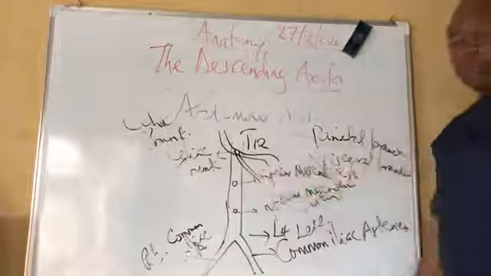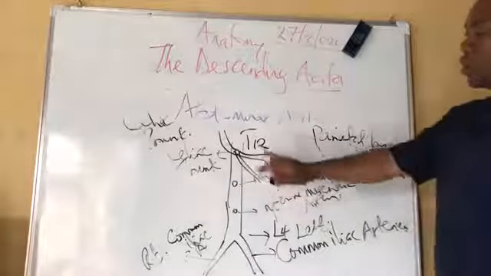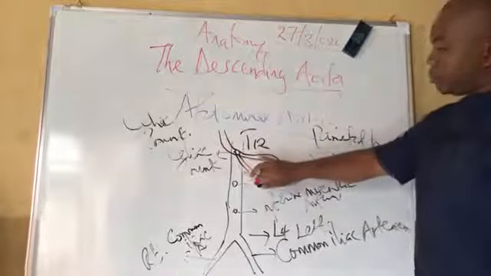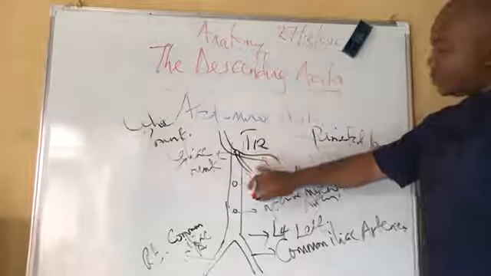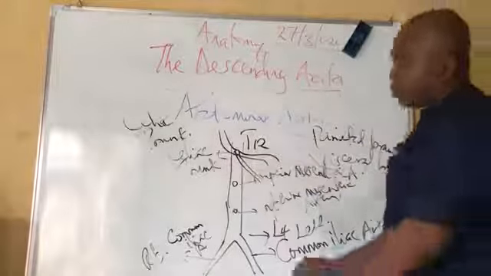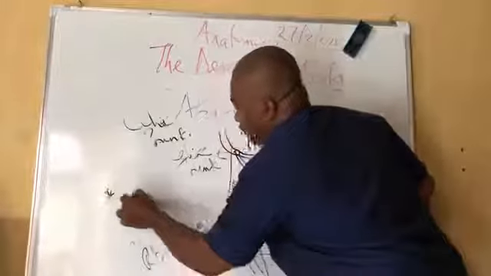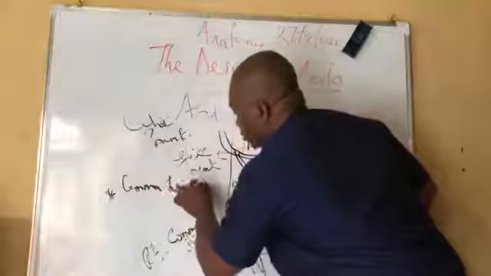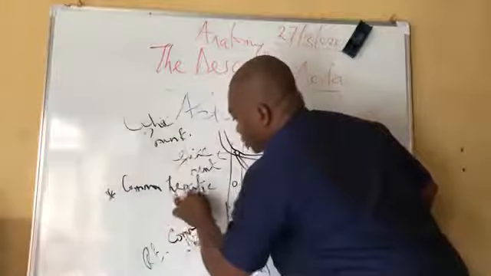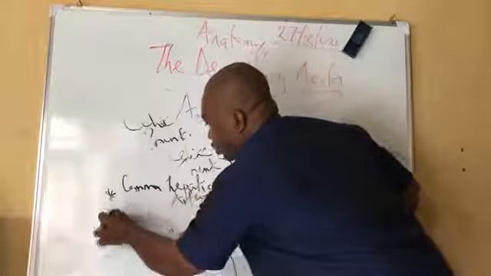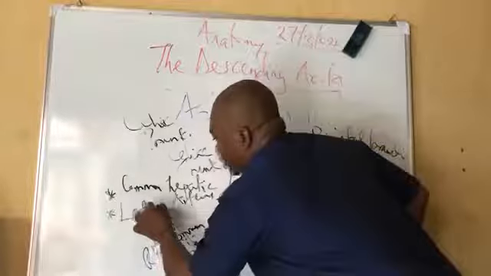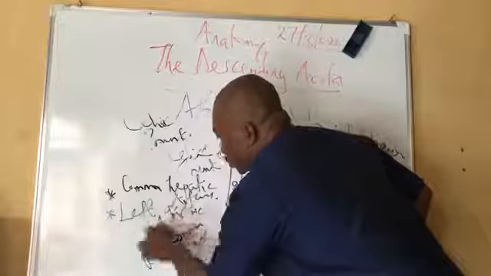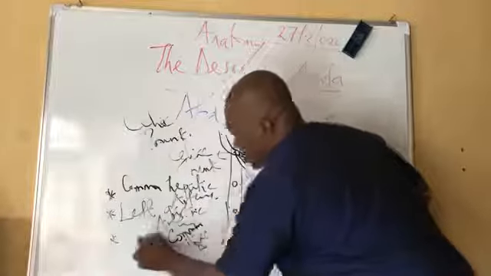So these are the three principal arteries that come out from the celiac trunk: the common hepatic artery, the left gastric artery, and the splenic artery.